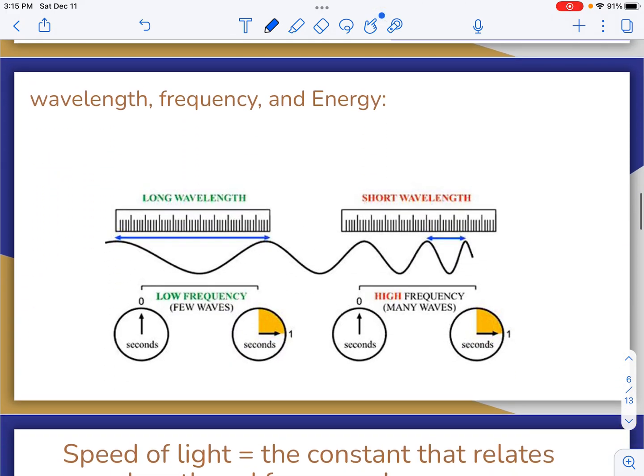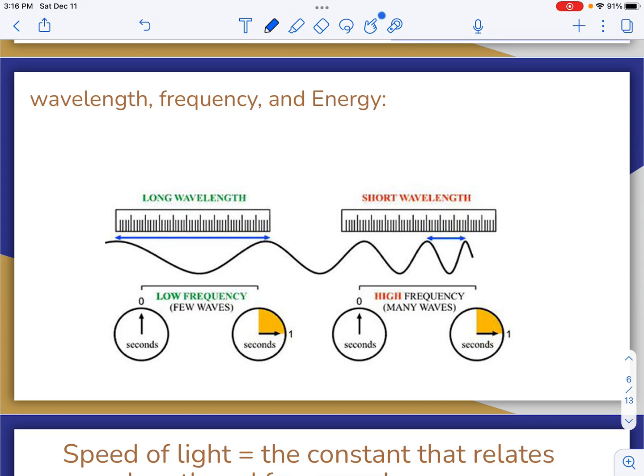The relationship between wavelength and frequency and energy is definitely something that you need to be aware of. Because of the characteristic of waves all going the same speed, passing past a certain point in time, longer wavelengths have fewer waves passing in the same time period. So long wavelengths give you low frequency, and short wavelengths give you high frequency. So these are inversely proportional.